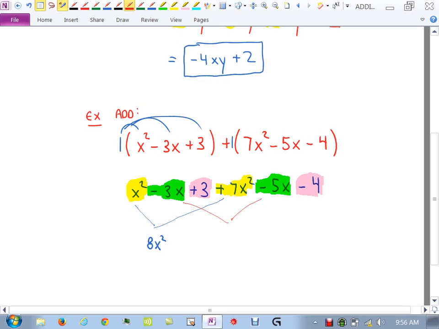What's negative 3, and then take away 5 more, negative 8x. And then finally, 3 and negative 4 gives you negative 1. And that's it. There's nothing more you can do there.